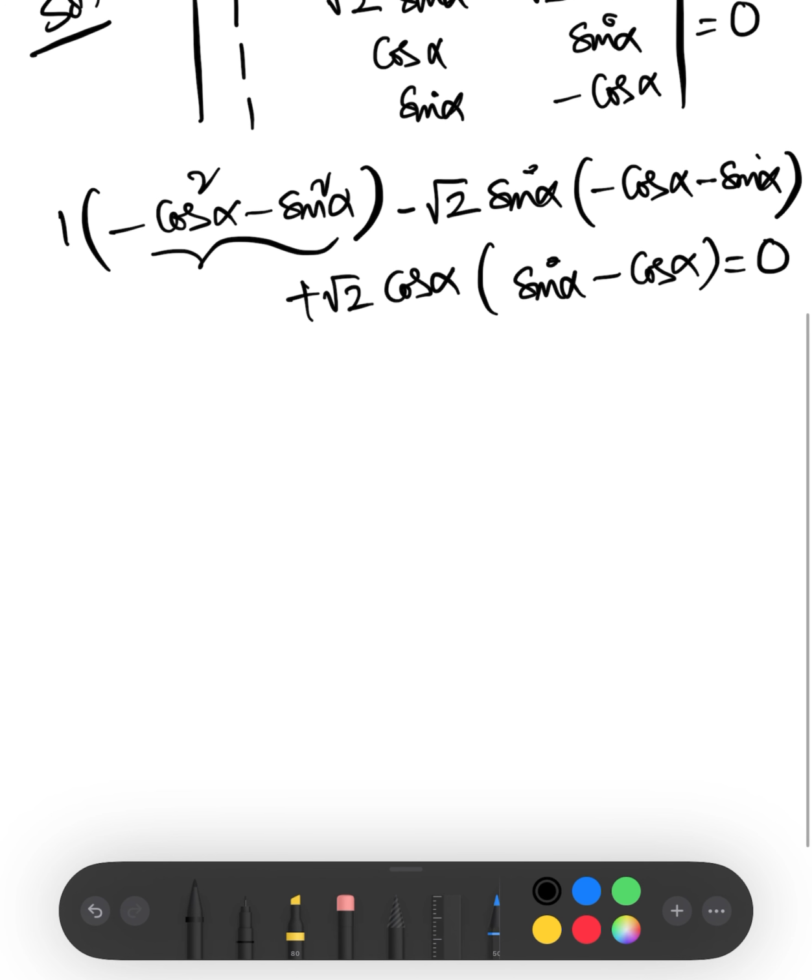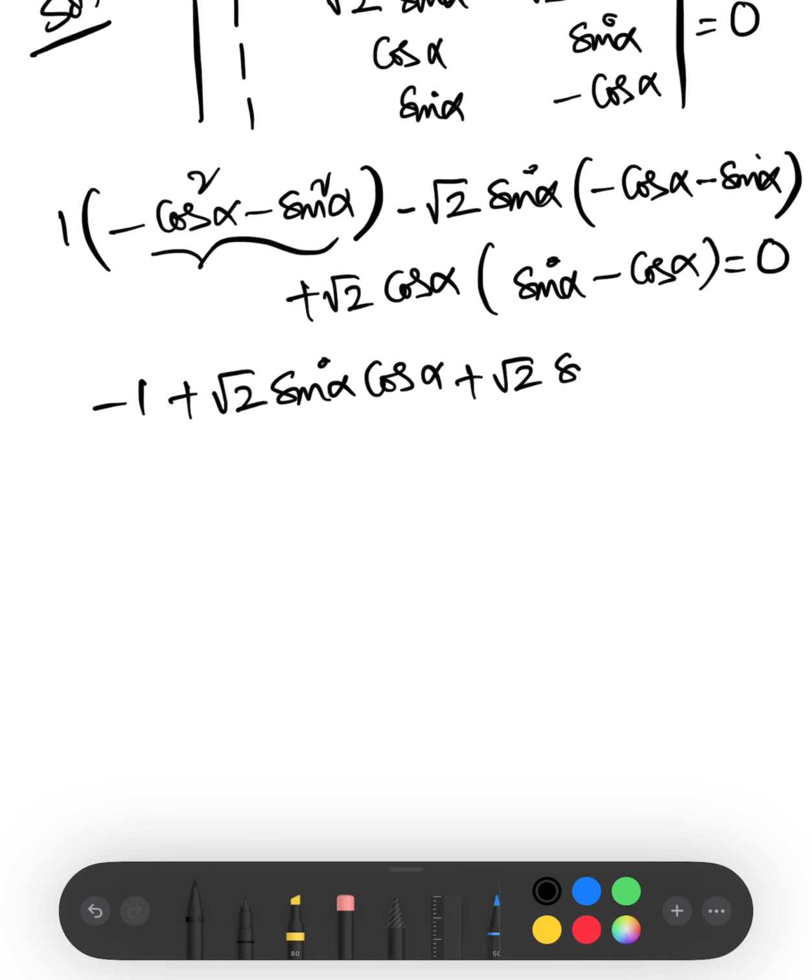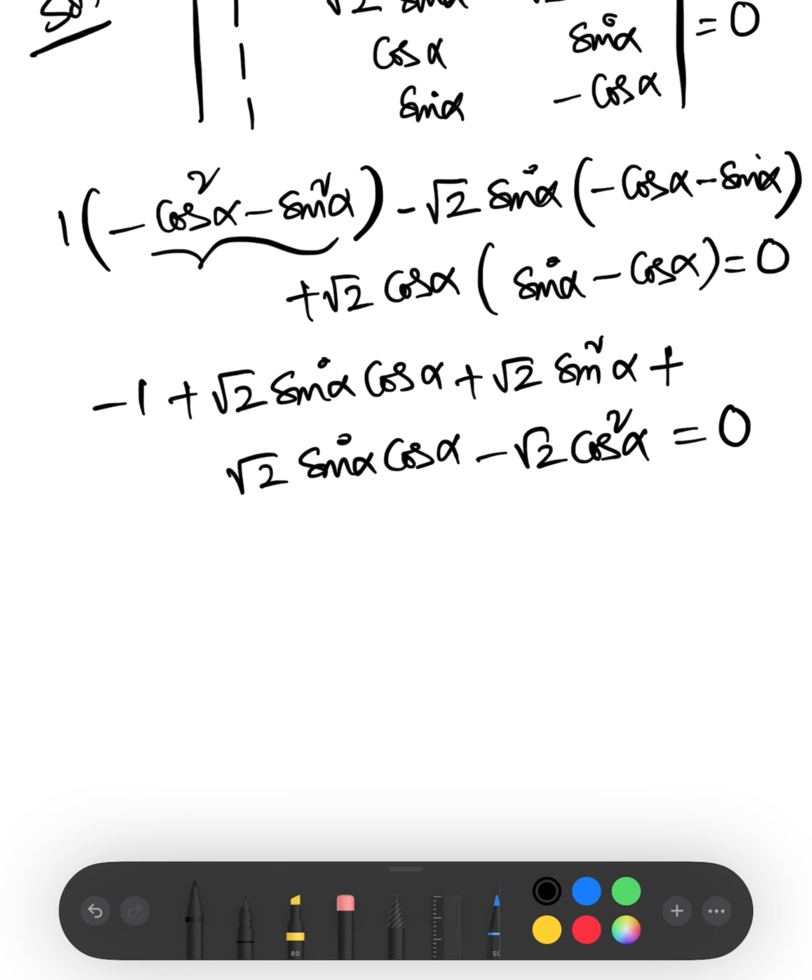Now if you observe the first term, I can say that minus 1, the next value plus root 2 sin alpha cos alpha plus root 2 sin square alpha, plus root 2 again this one sin alpha cos alpha minus root 2 cos square alpha equal to 0.